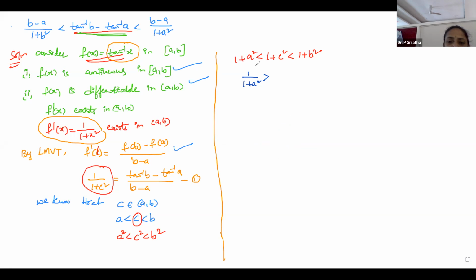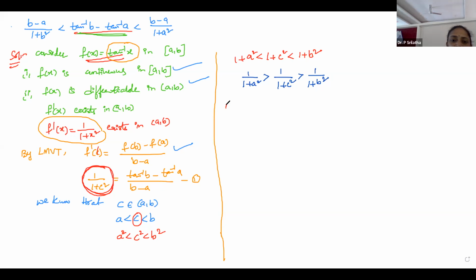Since we are finding the reciprocal or inverse, 1 by 1 plus a square is greater than 1 by 1 plus c square is greater than 1 by 1 plus b square. Now this is in the form of 1 by 1 plus c square, right?